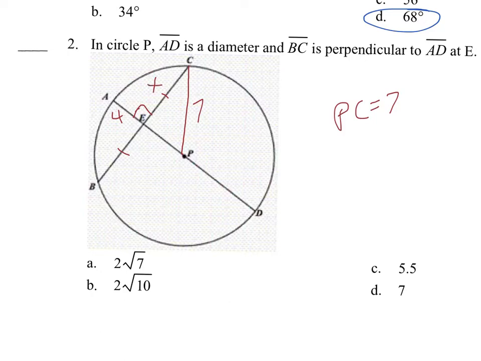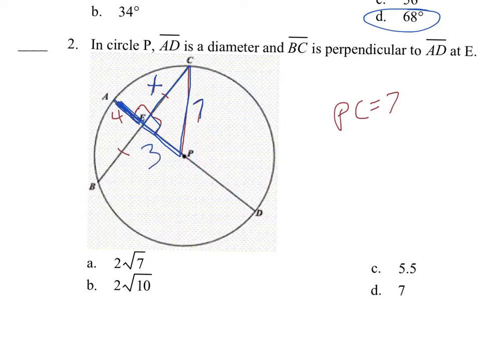Now I could use the Pythagorean theorem here because I know one side of that right triangle, which I'll draw in blue. I know the hypotenuse to be 7, and we're looking for X, but I don't know what EP is. Actually, if the radius is 7 and this segment here is 4, this segment has to be 3.